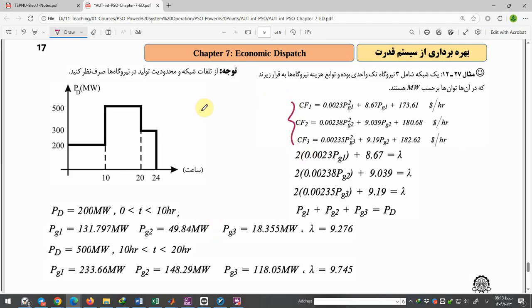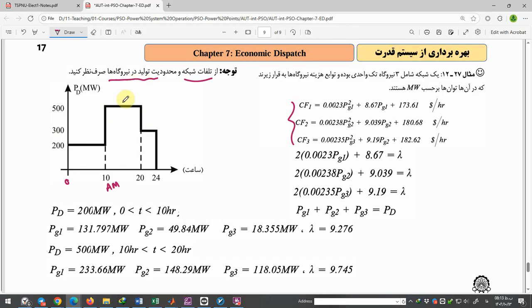There is no limitation of power generated or P loss, so the P loss and the generation limitations are ignored. The PD in 24 hours is divided like this. From midnight to 10 a.m. is 200 megawatt.